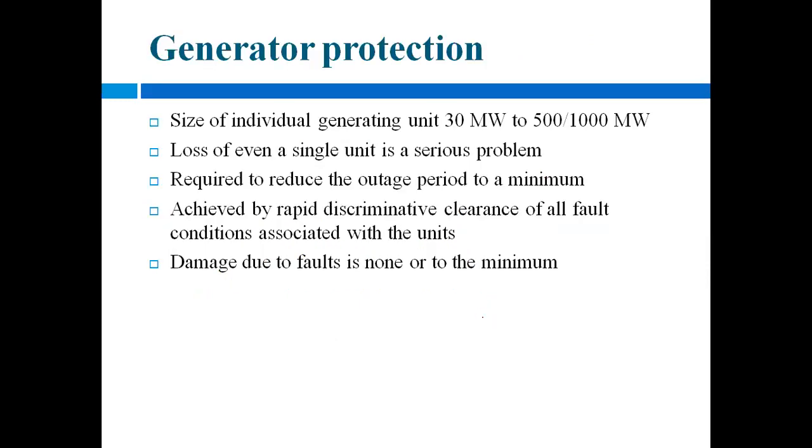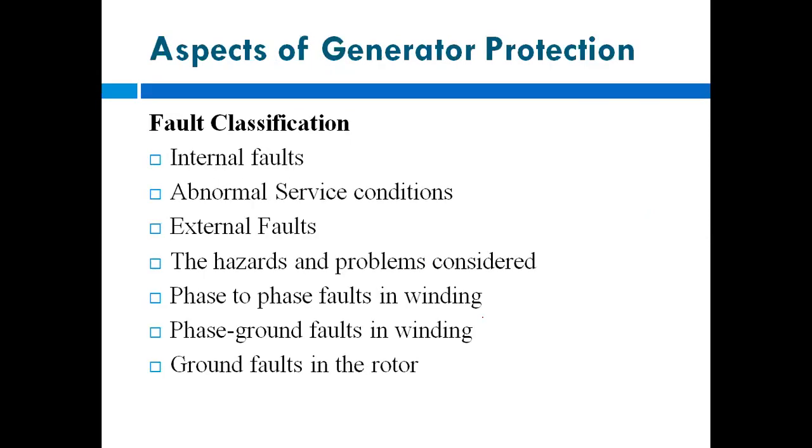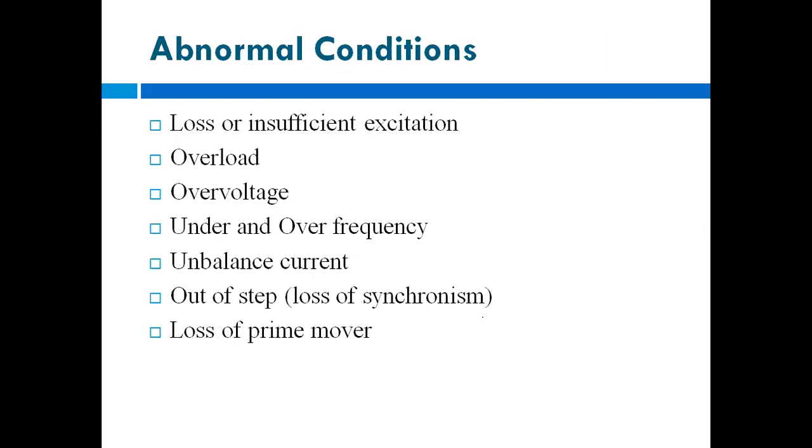Okay, then generator protection we have seen. There are also different types of faults and abnormal conditions occurring in this generator, because of overload, under voltage, loss or insufficient excitation.